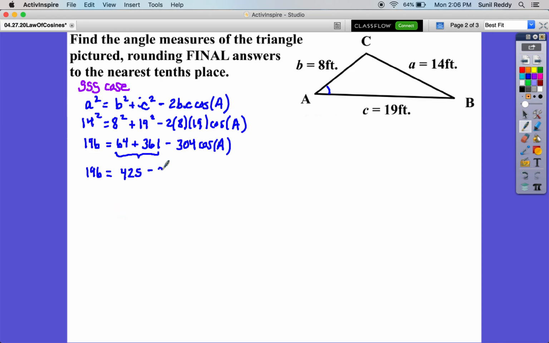We still have to subtract 304 times the cosine of angle A. Now notice here, a lot of students sometimes are tempted to subtract 425 and 304. Please don't do that. That violates order of operations because the 304 is being multiplied with the cosine of A. So that would have to happen before you fuse it together with the 425. What I can do though is subtract 425 from both sides.